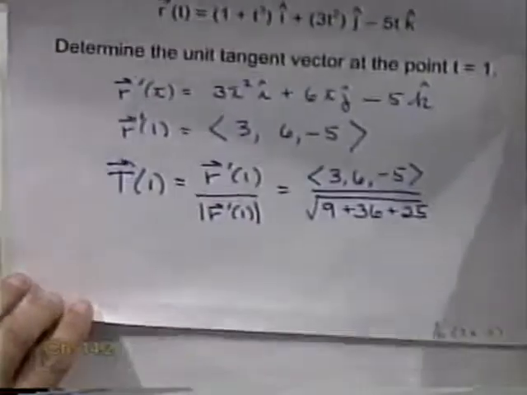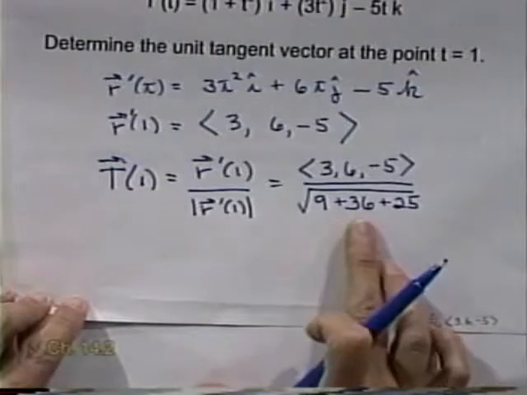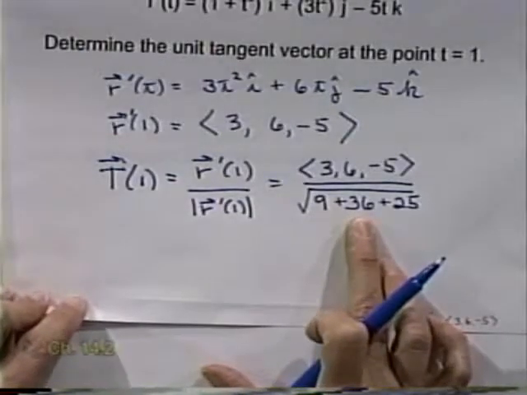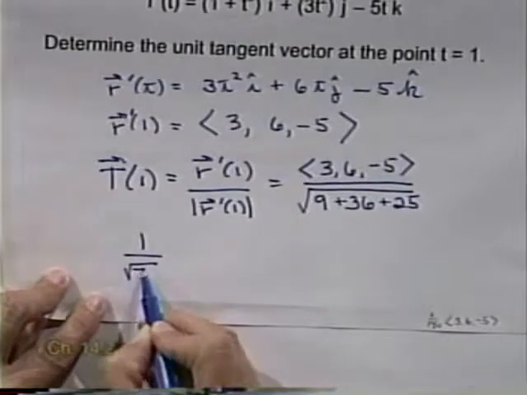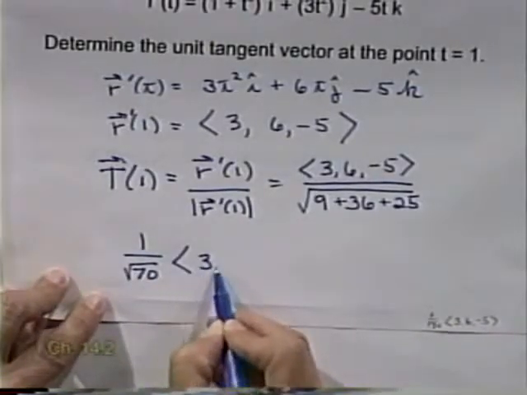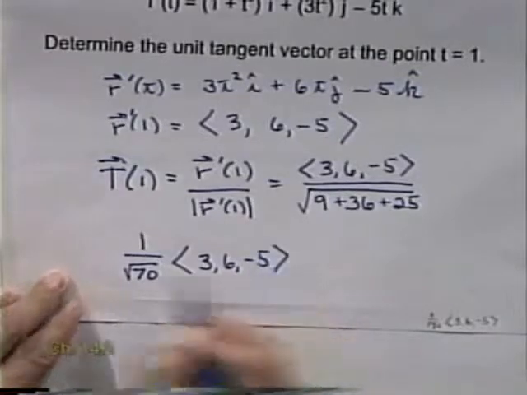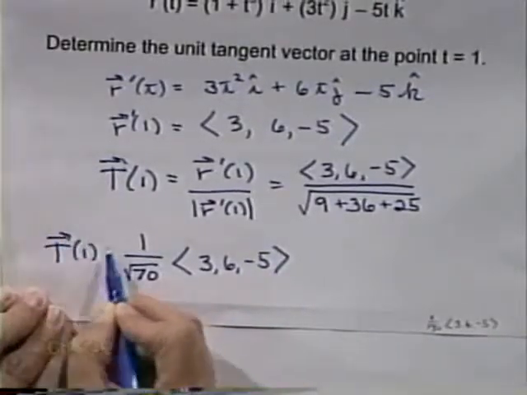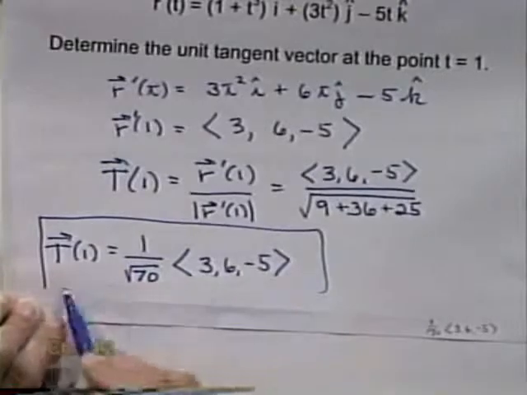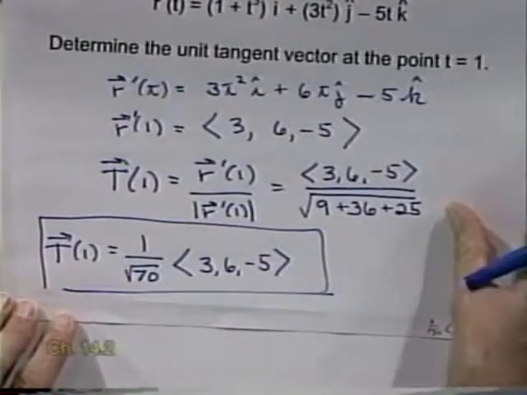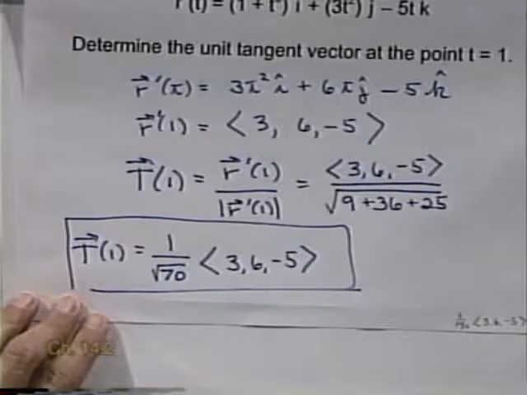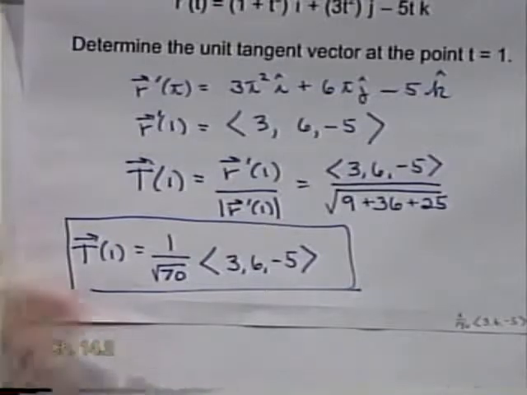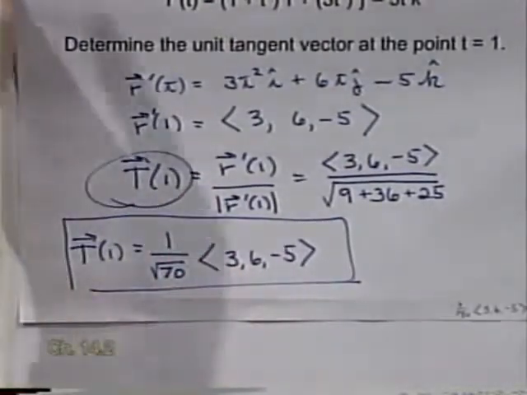And let's see, 9 plus 36 is what, 45? And 45 and 25 is 70. So I have 1 over root 70 times 3, 6, negative 5. And that's my unit tangent vector. It's the same direction as r prime of 1, but we fixed it to make it of length 1. So all we have to do is divide it by its length. Okay, not hard. Not hard at all. But this vector is very important, big T.